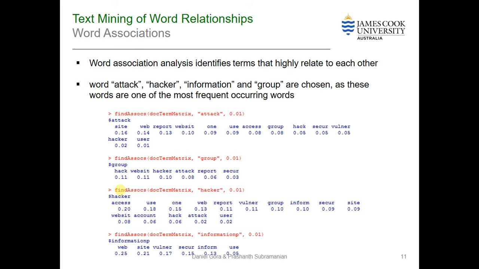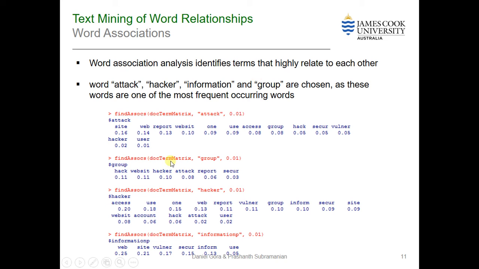The next step is the word association analysis, where we try to identify terms that highly relate to each other. So we have chosen the words attacker, hacker, information, and group because those are the most frequently occurring words from the previous analysis, and they also contribute heavily to the hypothetical statements that we have made.